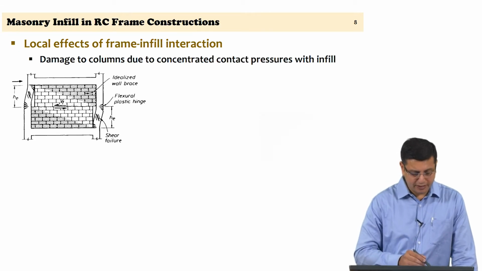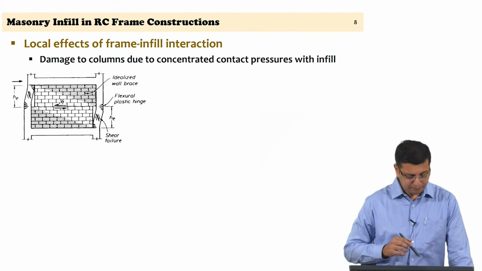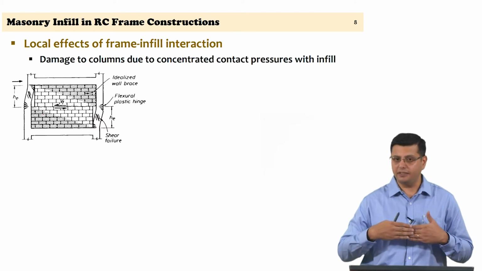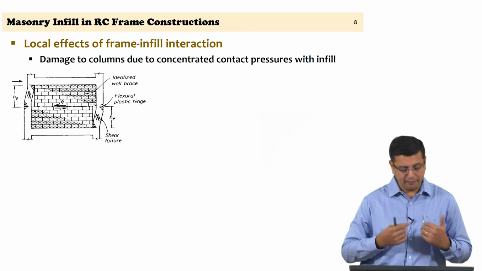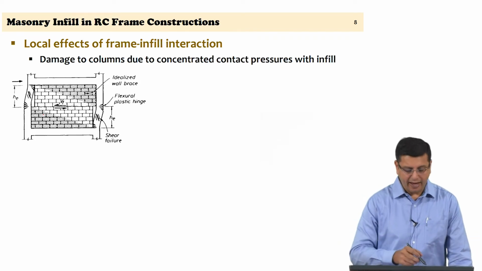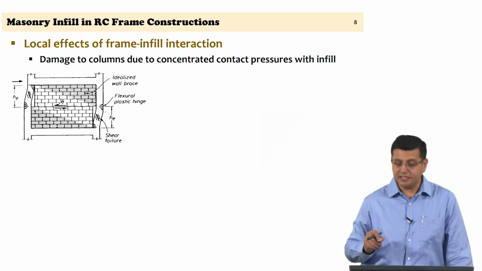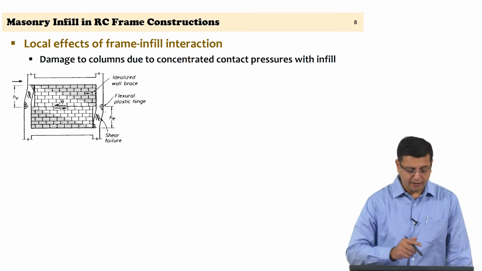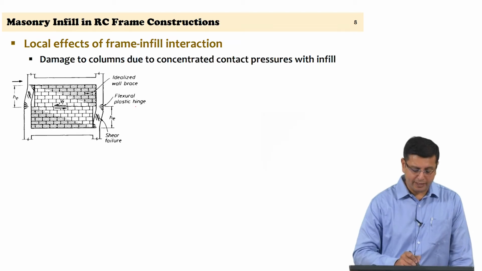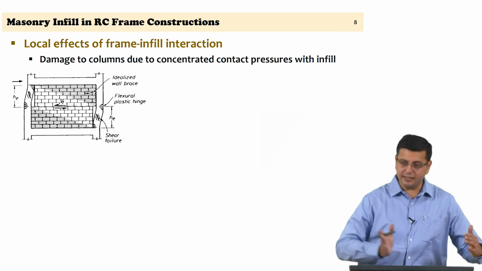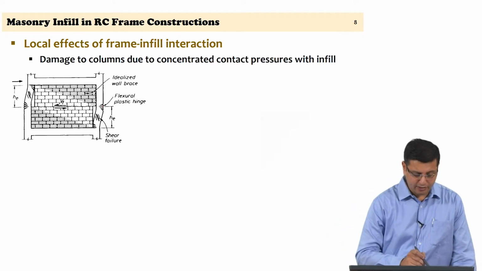But then when shear sliding occurs at mid height, you have the shear force and the shear deformation of the panel causing additional forces at the mid height of the column itself, which can cause the formation of a plastic hinge, because of the sudden increase in deformation demand at that zone.